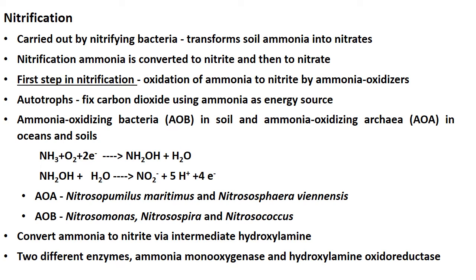The first step, the oxidation of ammonia to nitrite, is carried out by certain microorganisms known as ammonia oxidizers. There are two types of organisms, aerobic ammonia oxidizers or ammonia oxidizing bacteria (AOB), which are present in soil, and ammonia oxidizing archaea (AOA), which are present in oceans and soils.